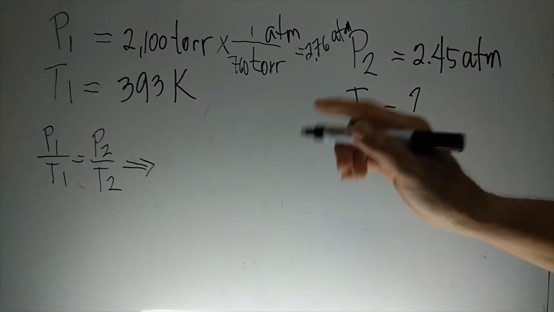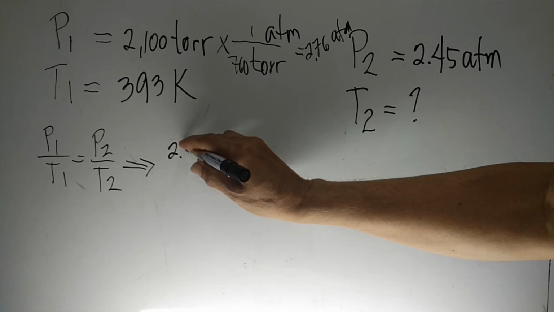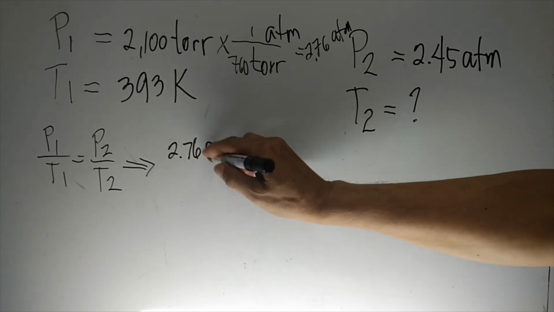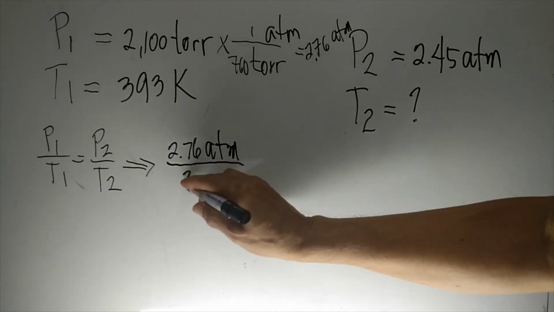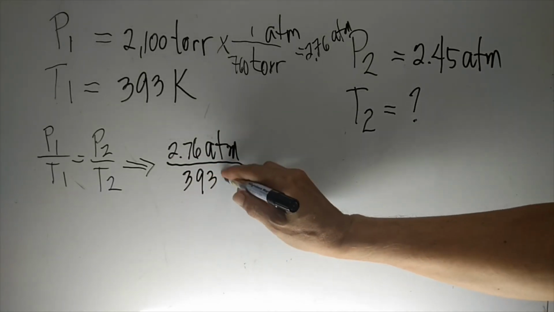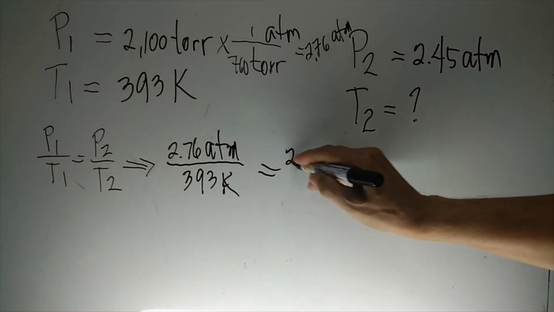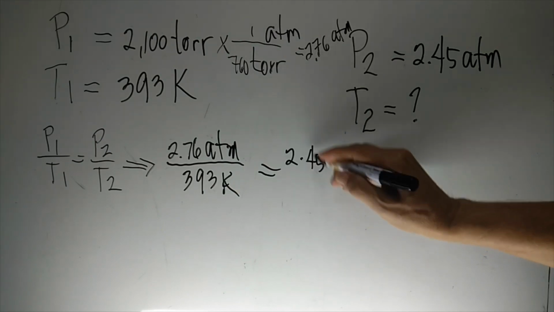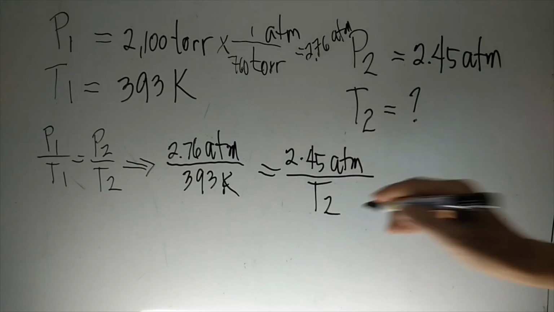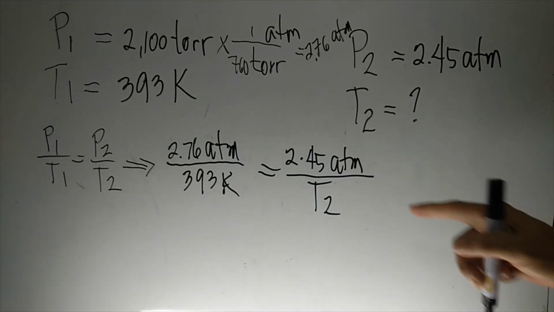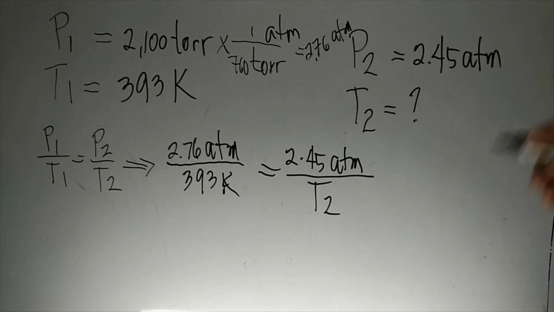Substituting all the values to the formula, this will become 2.76 atmosphere divided by 393 Kelvin is equal to 2.45 atmosphere over T2. So the unknown is at the denominator, so we'll do cross multiplication.